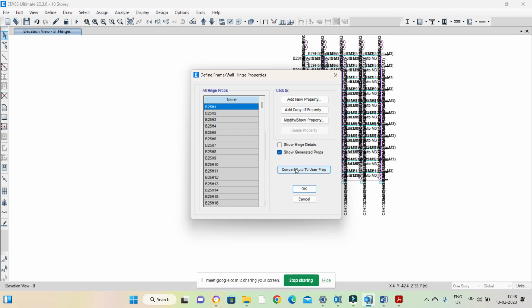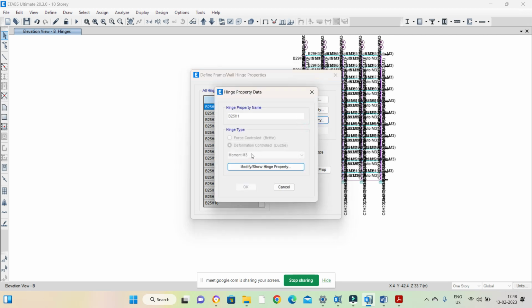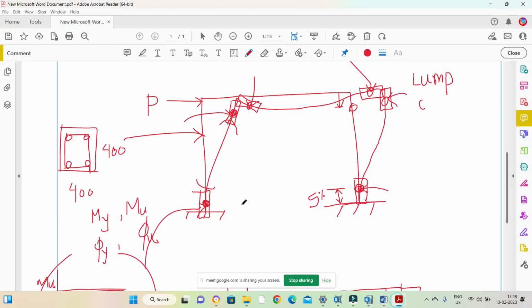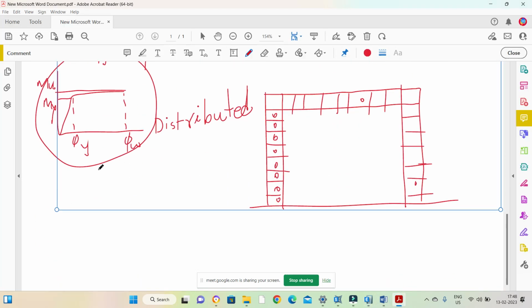Let me first show modify hinge property, and you can see this is how the backbone curve looks. If you recall what I explained earlier, this is similar to that, the first bilinear part.